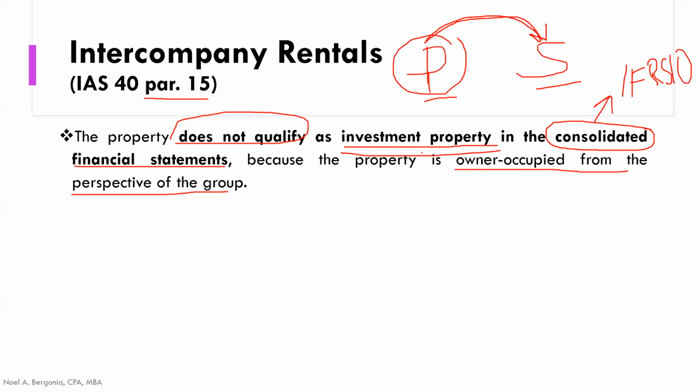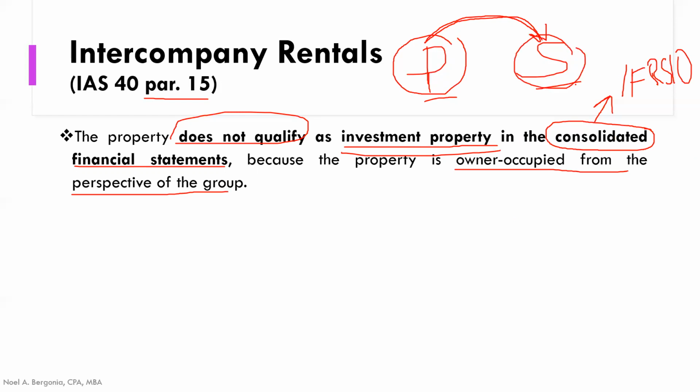Please take note, pag sinabi ng problem na there is a parent and subsidiary relationship, in the consolidated financial statement, matik na tatanggalin natin yung investment property item, because it will not qualify as an investment property if it was leased out under operating lease to a subsidiary.